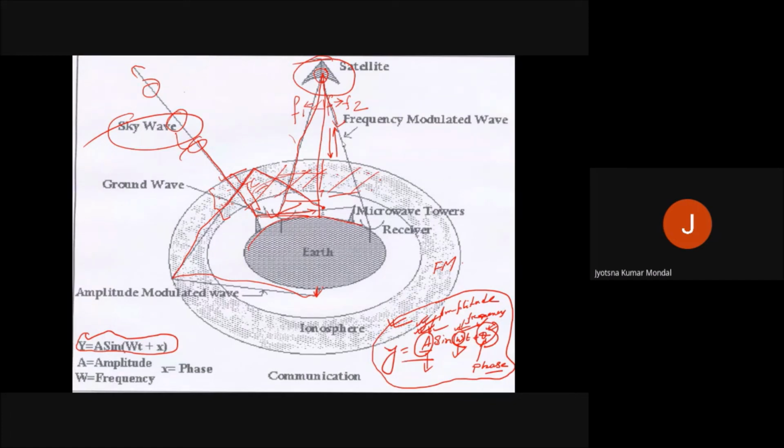The fringe pattern will be generated. That's why in your TV relay centers, particularly in rural areas, they say my uplink frequency is this, my downlink frequency is this, with a sufficient band gap. That's why we are using two different frequencies in satellite.